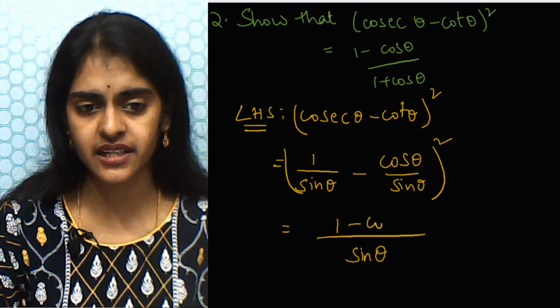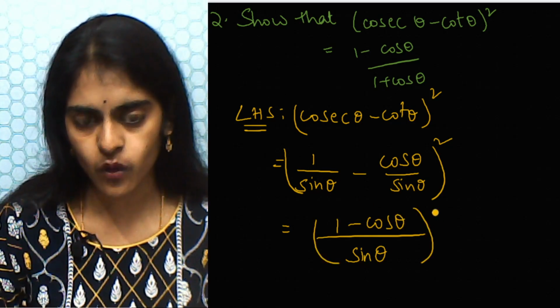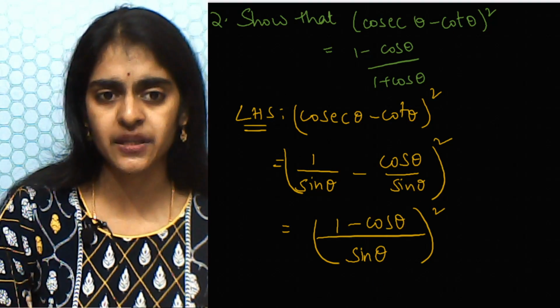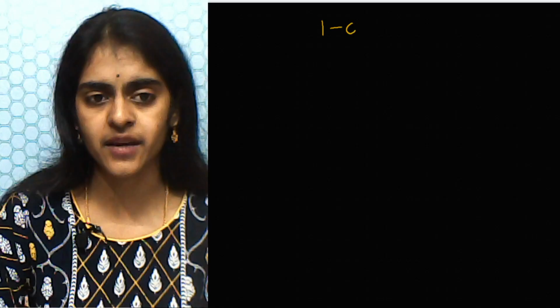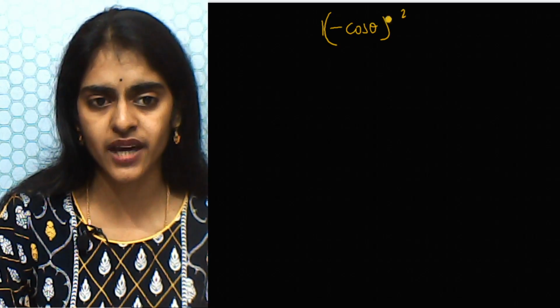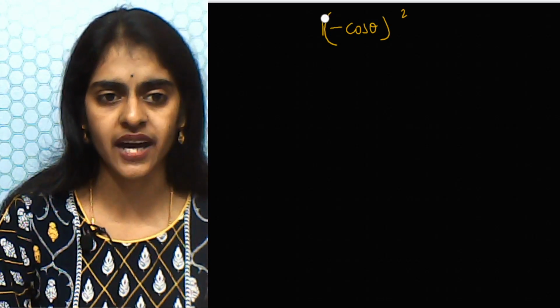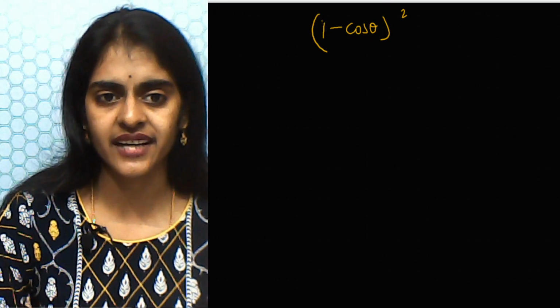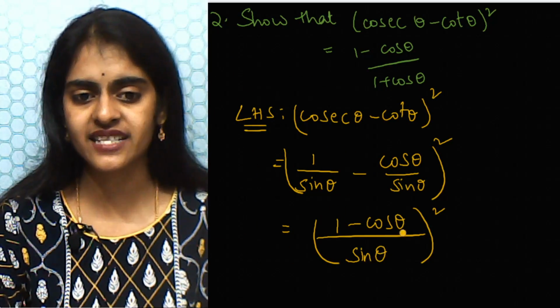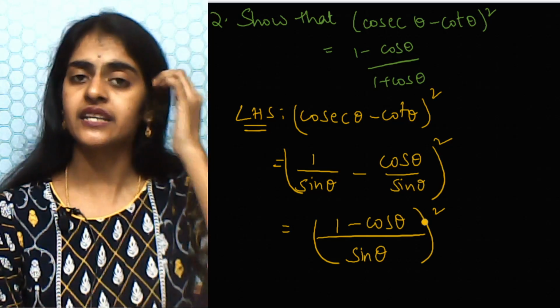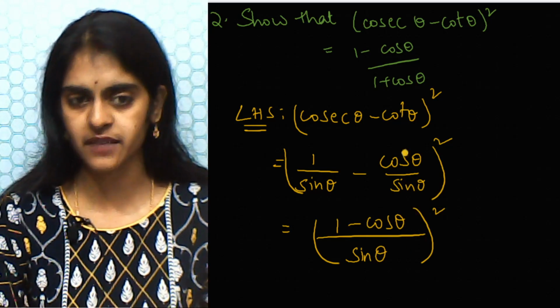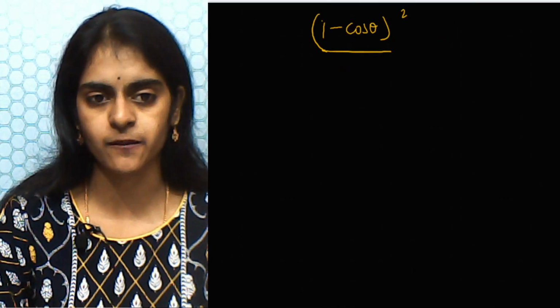Here you have 1 minus cos theta whole square, and I'm separating the powers into numerator and denominator. So this is 1 minus cos theta whole square divided by sine square theta.